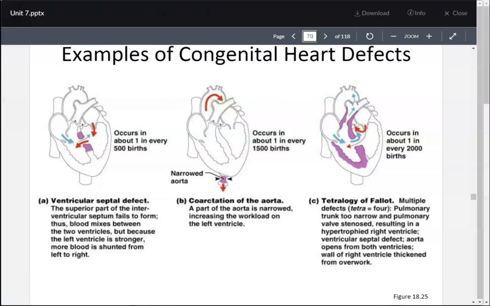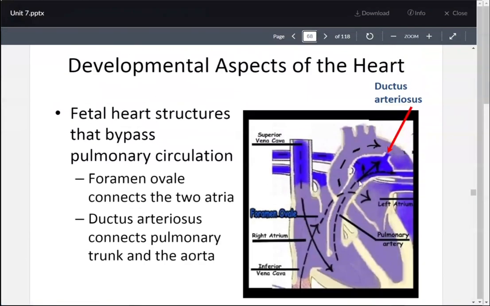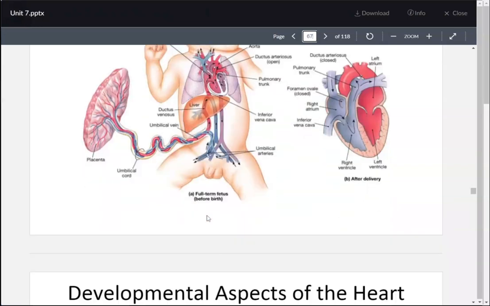Typically, we'll also see the foramen ovale has not closed. So we're going to get blood still circulating between the right and the left atria. Typically, we will also see things like the ductus venosus down here hasn't fully closed, and so we're going to get a bypassing of the liver.